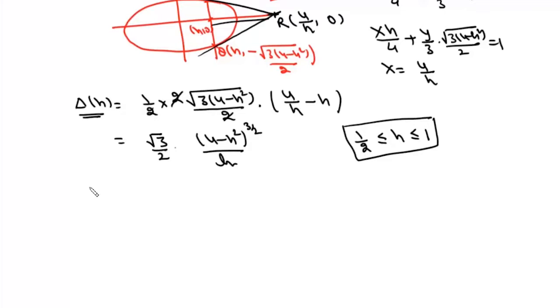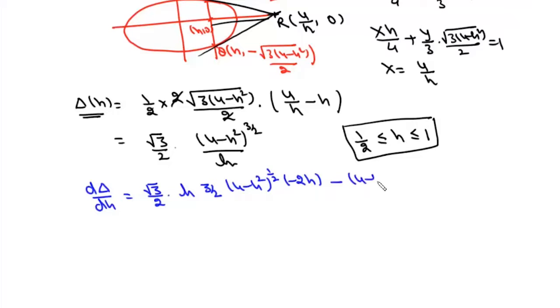Now we differentiate with respect to h. We can write d delta upon dh will be root 3 by 2, and then h, and here will be this 3 by 2 into 4 minus h square to the power 1 by 2 into minus 2h, and then this minus 4 minus h square to the power 3 by 2, derivative of h is 1, whole divided by h square.